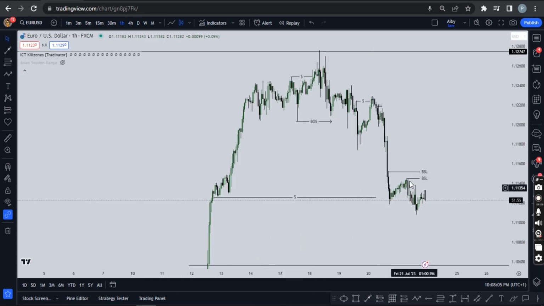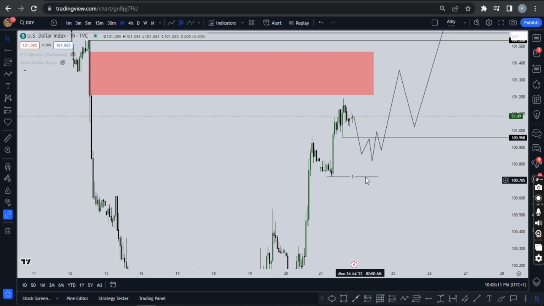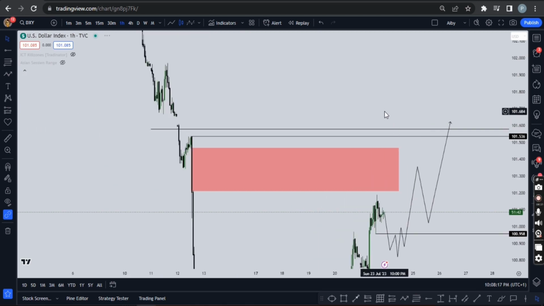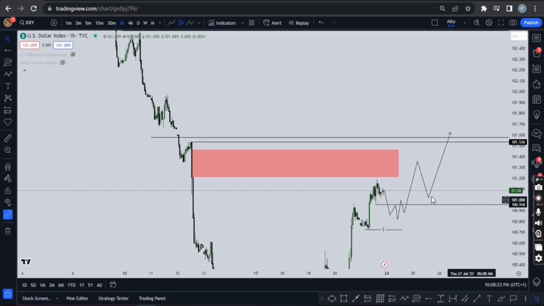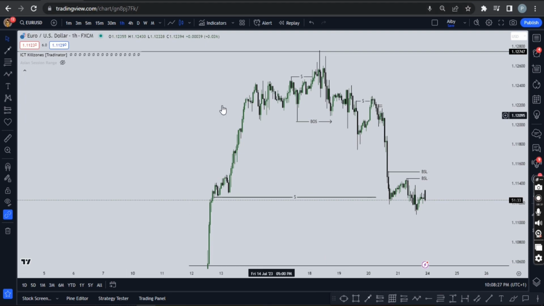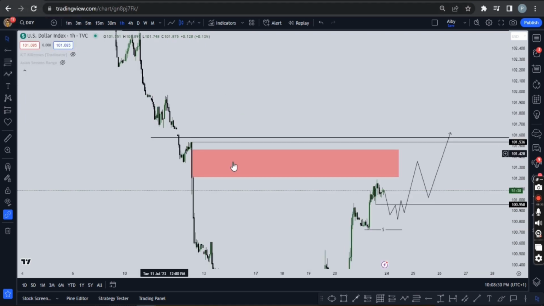But if Euro USD should clear this liquidity into this fair value gap and then continue dropping, then for sure DXY is not going to take out this zone here. It's going to reverse from here and then move higher. So that's what I'm expecting on DXY, which goes perfectly well with what we are expecting on Euro USD.